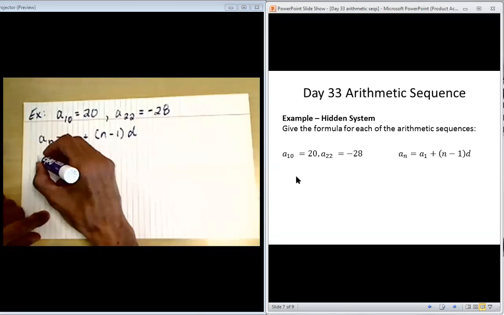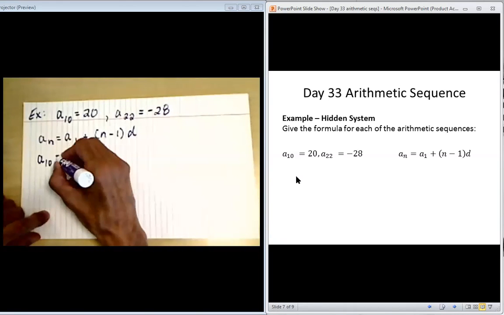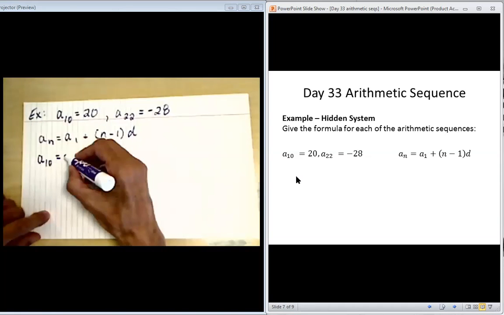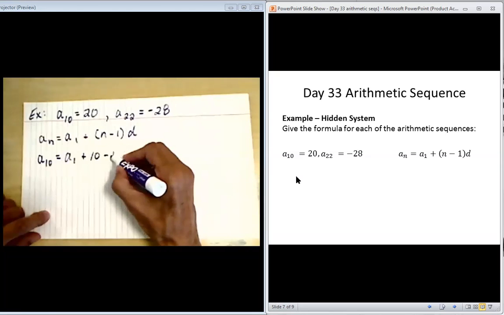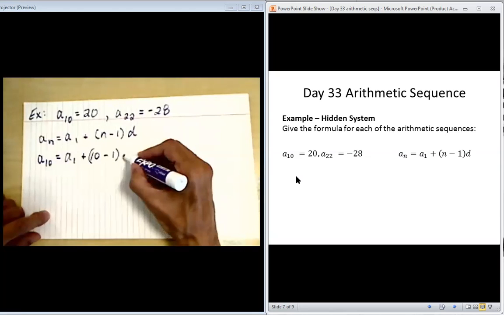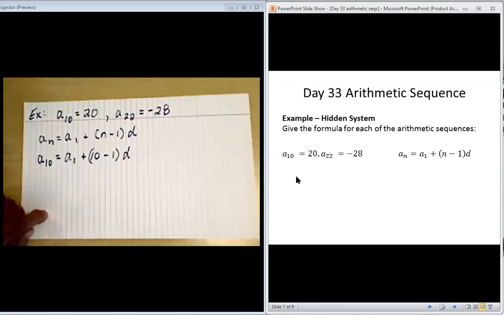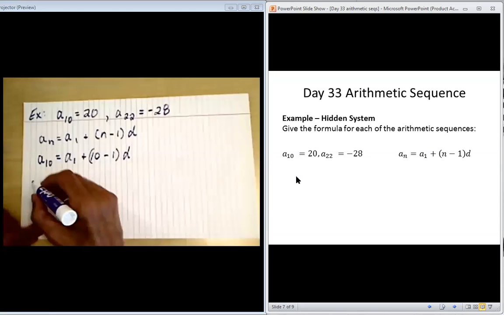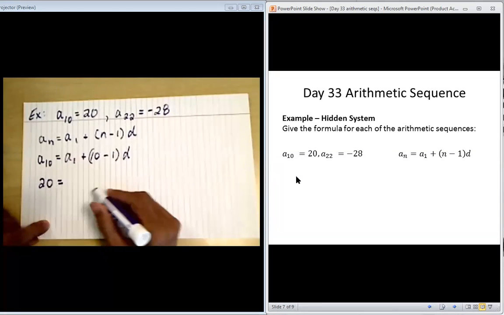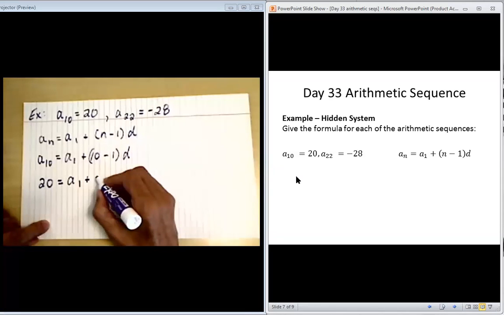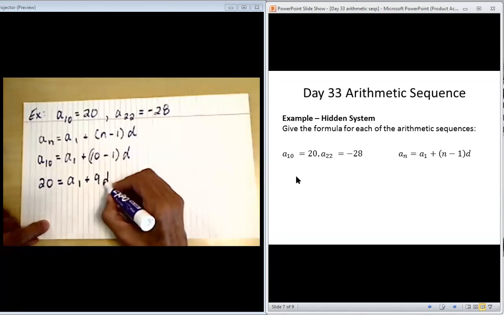So we have A10 is equal to A1, which you don't know, plus 10 minus 1, and then D, which we don't know. A10 is given as 20, so we can update it by substituting the 20 in. Then we get A1 plus 9 times D like that.